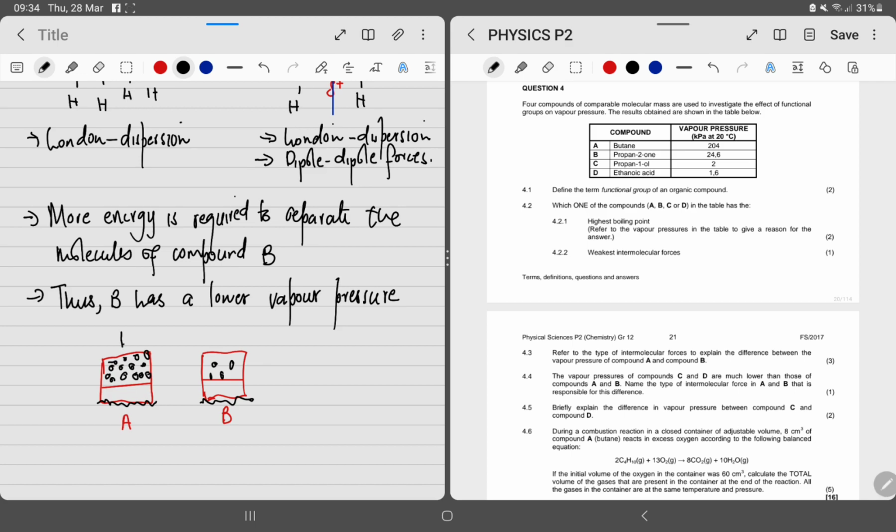So we have a higher vapor pressure for A because of more gaseous molecules being formed, right? So they will exert more pressure on the walls of the container, which makes sense. So when you have a low boiling point, you will have a high vapor pressure, and vice versa.